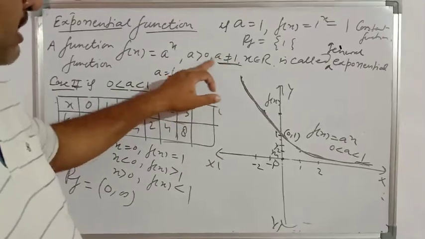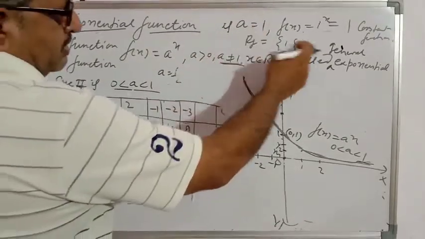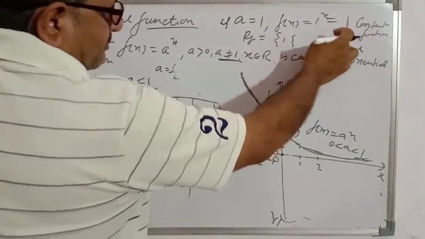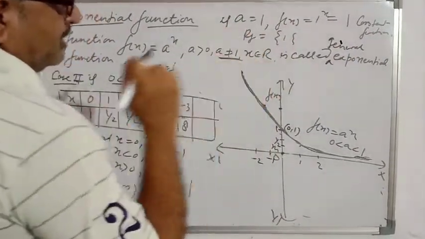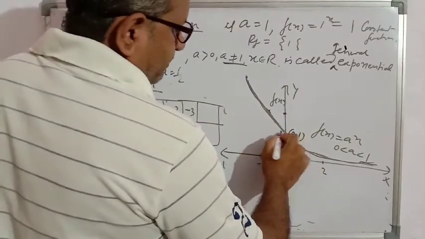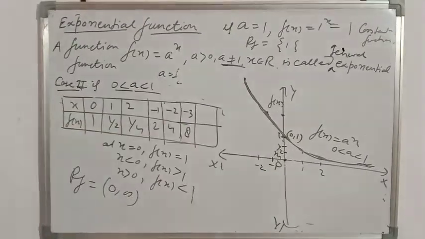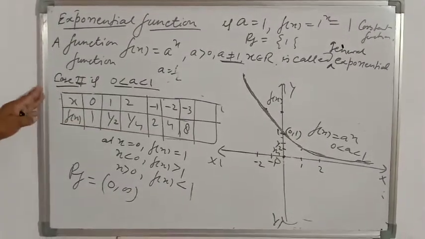That's why I have not taken a = 1 here. So if a = 1, we will get the constant function. f(x) will be 1, the range will be only one element, that is 1. So from 1 we will draw a line parallel to the x-axis. So it was the exponential function.